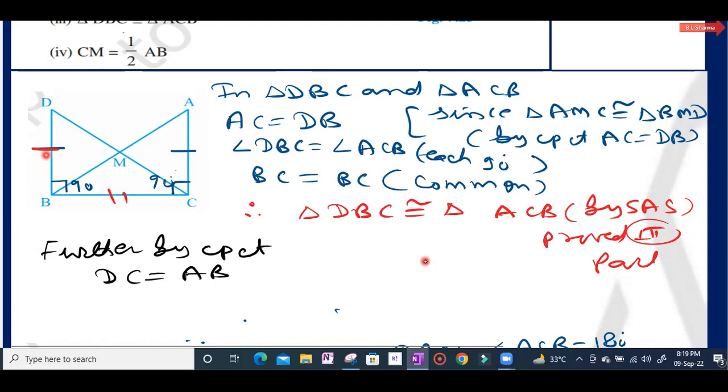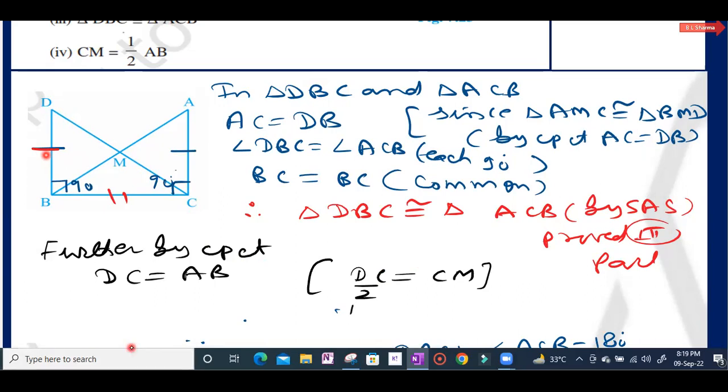DC is equal to AB, but we know that M is midpoint of CD. That is why we can say that half of DC upon 2 is equal to CM. और DC का half CM के इक्वल होगा.